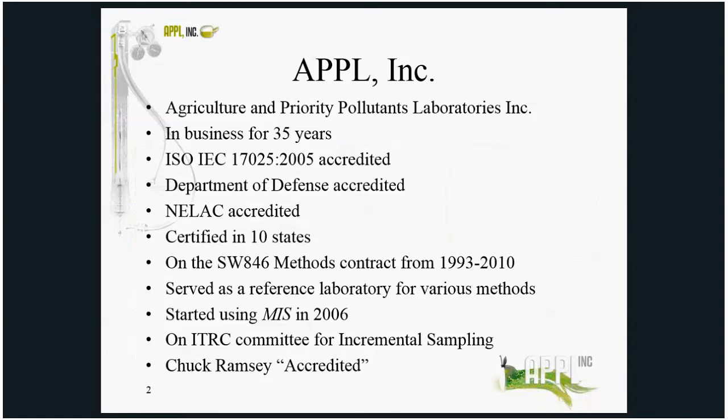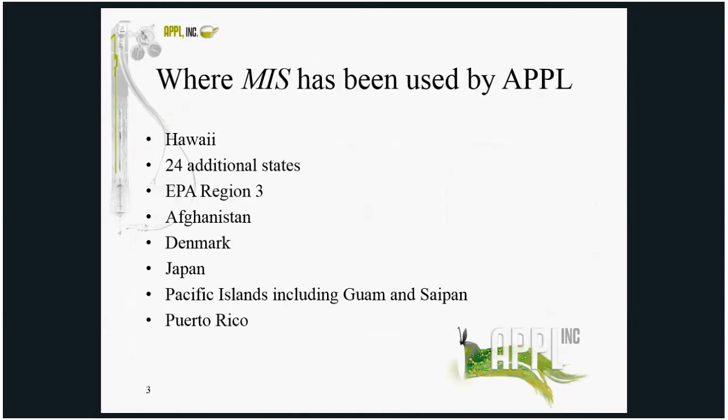During that time, we had the privilege of working on the multi-increment sample methodology developed in method 8330B with Barry Lesnick, Alan Hewitt, Chuck Ramsey, and Marianne and Michael Walsh. All but Alan have done an on-site visit, and we even have Chuck's nod of approval. We have used MIS in at least 24 states, and of course Hawaii.